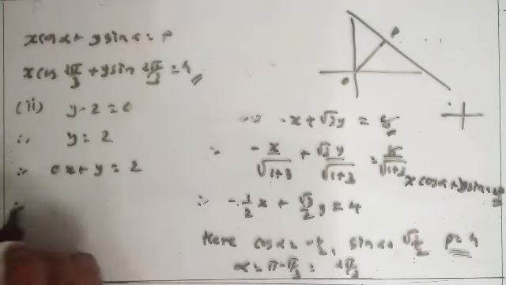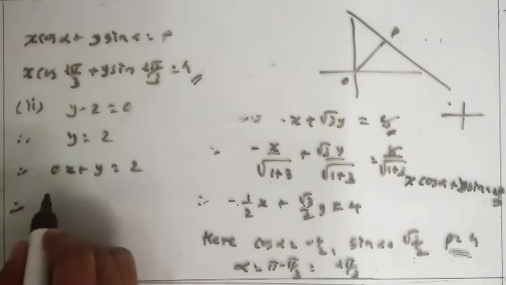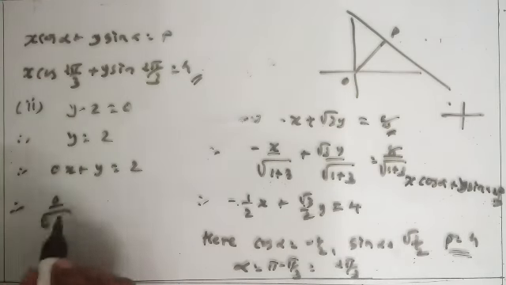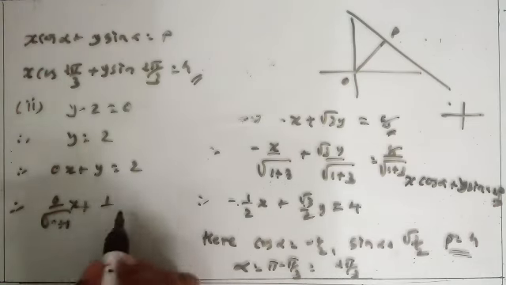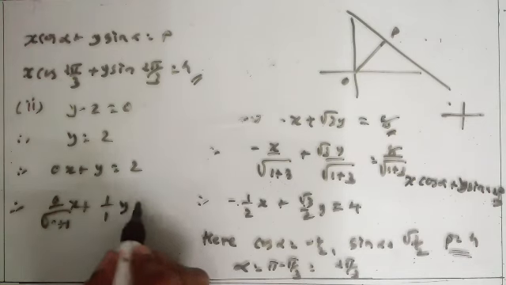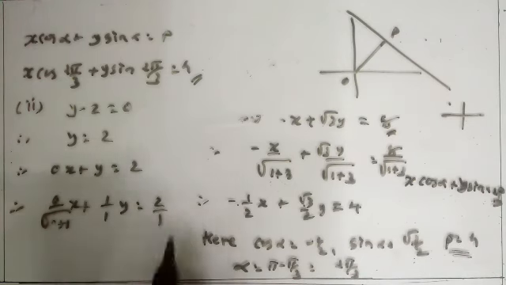Now dividing by root of a square plus b square, that is root of 0 square plus 1 square, that is 1, we get 0 into x plus 1 into y is equal to 2 upon 1.